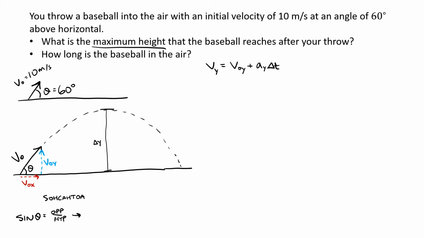That's going to be the opposite side, and we already know the hypotenuse and the angle, so we're going to use sine. Sine of the angle is opposite over hypotenuse. So sine of 60 degrees equals opposite, v naught y, over hypotenuse, which is 10 meters per second. That carries over to v naught y is 10 meters per second times sine of 60.